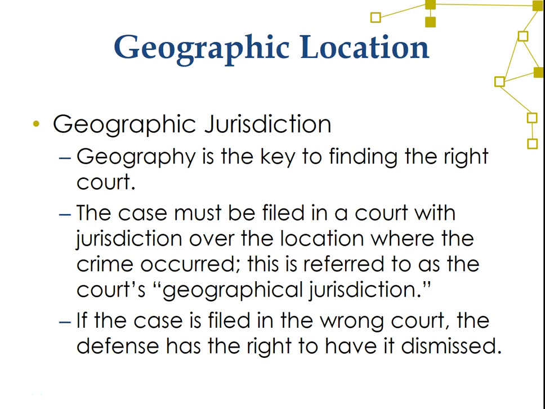This is referred to as the court's geographic jurisdiction. So geography, again, is the key. And if the case is filed in the wrong court, the defense has the right to have it dismissed. And the rule is more complicated for crimes such as kidnappings and telemarketing fraud, which occur in multiple locations.